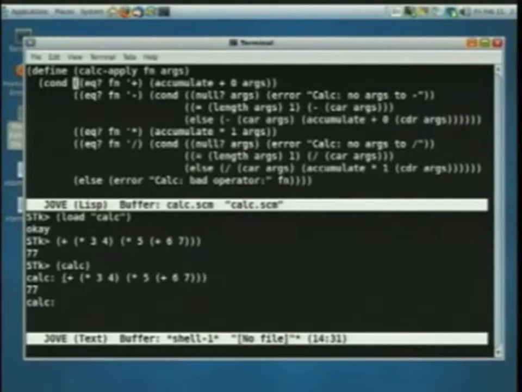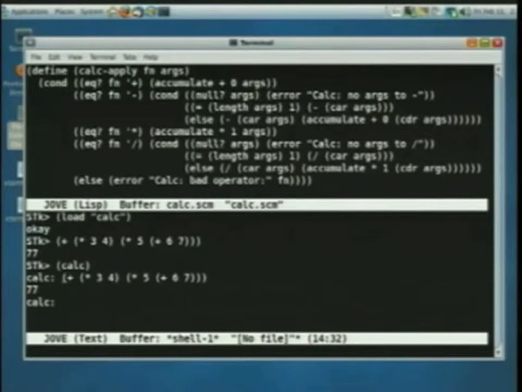Here's the place where the calculator program diverges from what Scheme does. It's not just a simplification, it's actually a difference. And that is, in an actual Scheme interpreter, it's the procedure itself, because procedures in Scheme are first class. So that function argument would be the procedure that adds numbers, or the procedure that subtracts numbers, et cetera. In this calculator, we don't have procedures as first-class values, which is a big simplification.